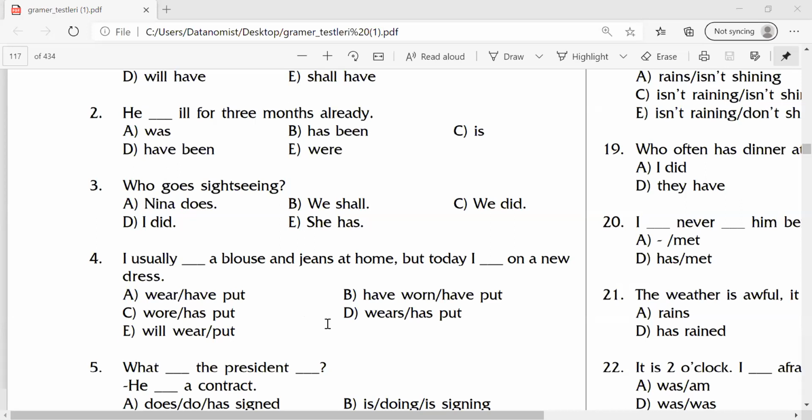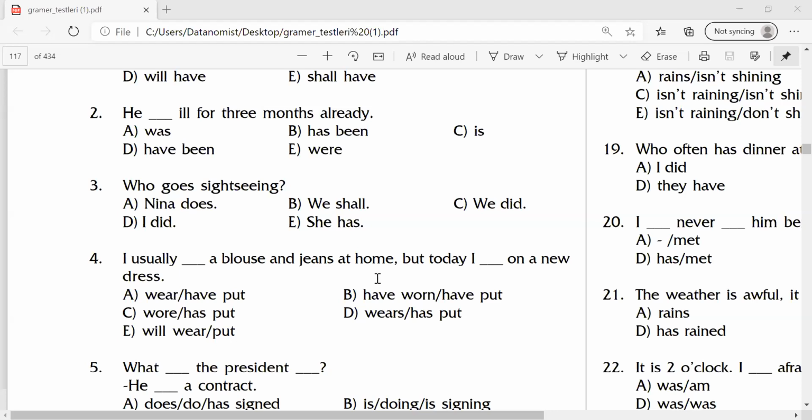Look at the fourth one. Look at the time indicator here. I usually dash a blouse and jeans at home, but today I dash on a new dress. So understand it's a compound sentence. Interesting point here, it is a compound sentence.